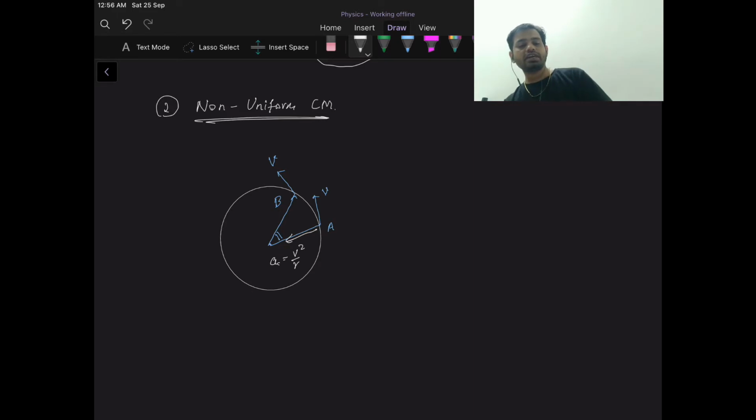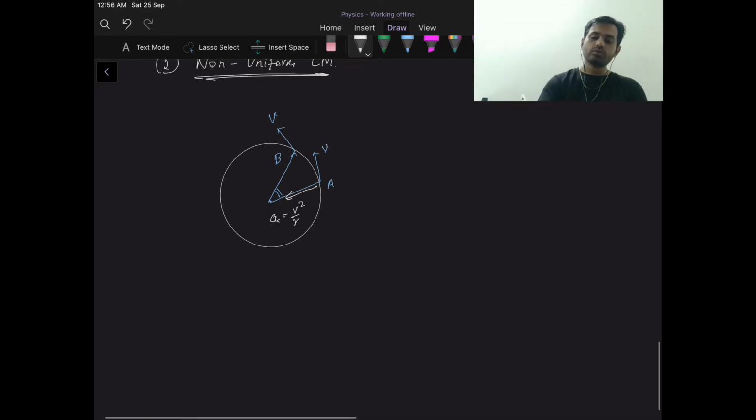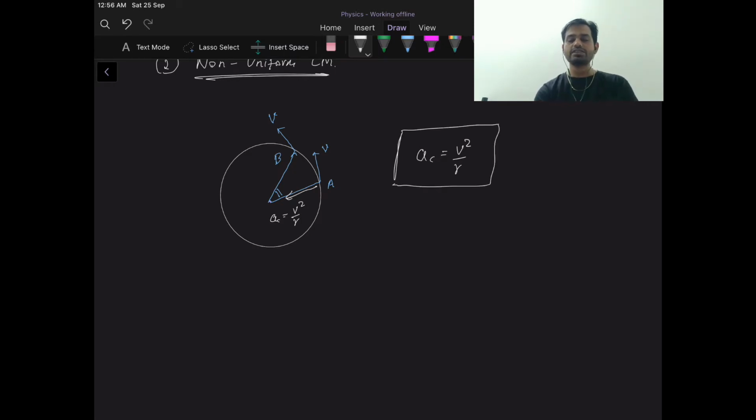But there will be some tangential acceleration also. At any instant, if the velocity of the particle is v, then at that instant the centripetal acceleration will be equal to v square by r.